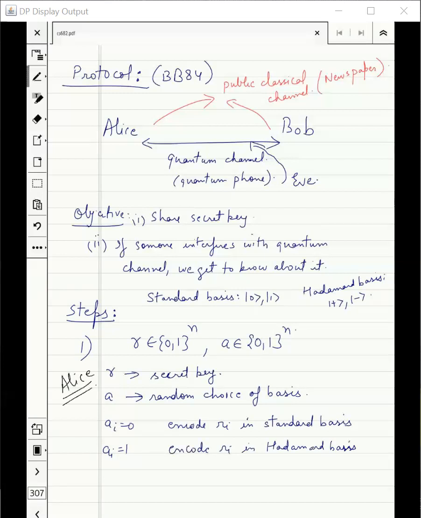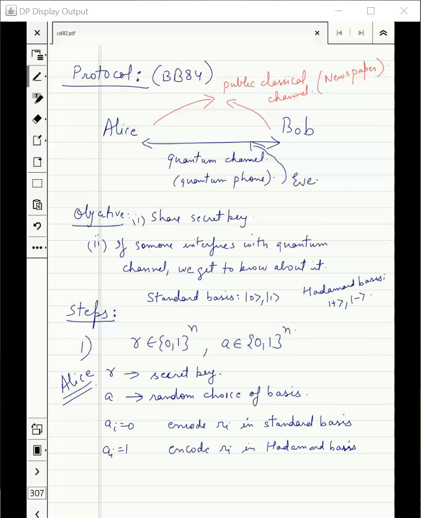What does she do? She picks a secret key, she picks a random choice of bases and encodes every coordinate, every Ri, depending on her random choice of bases. We had a question on the midsem. Isn't this similar to that? Very good. That protocol was also another way to share a secret.